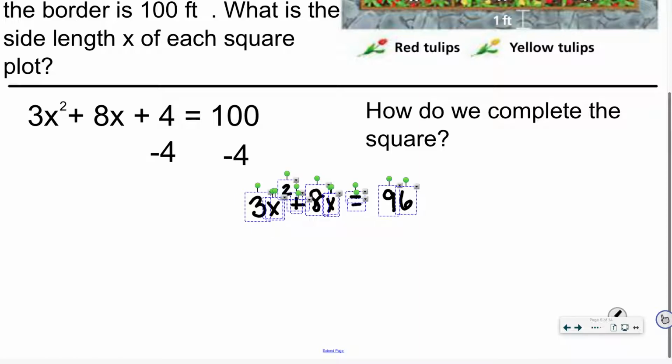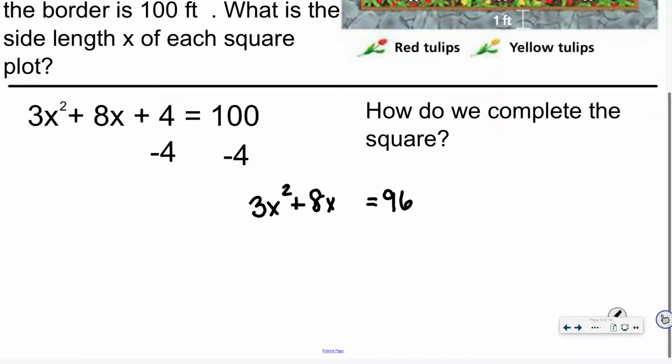What's the difference between this problem and the ones that we have done before? What's different about this one? In front of the x squared we have a coefficient. We have a coefficient of 3.